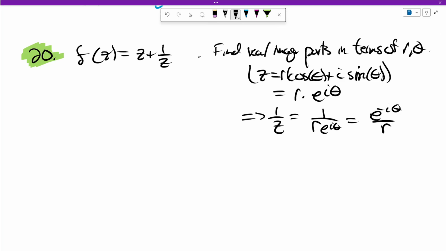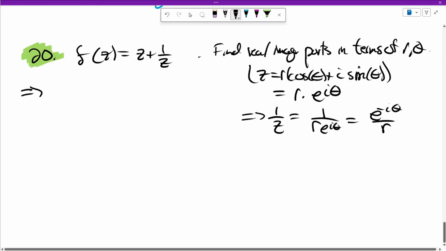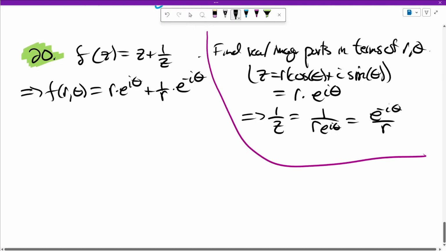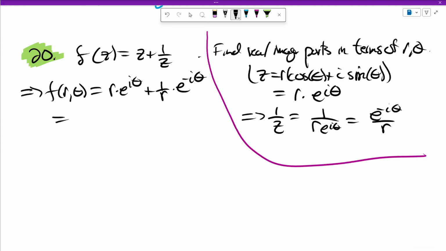So how can we write it in terms of r and theta? Well, we can first use exponential form. From our side work over here, this is what our exponential form is. Now there's no funny business in the denominator besides this 1 over r, but the 1 over r is okay.